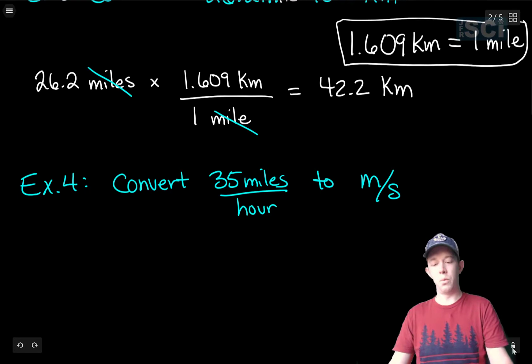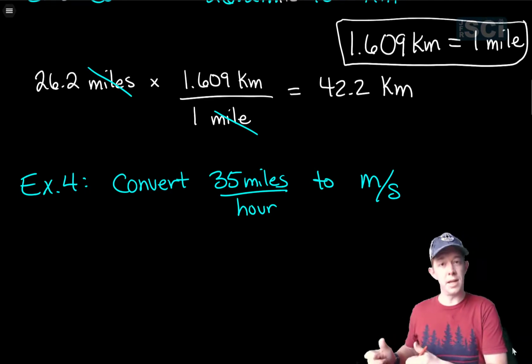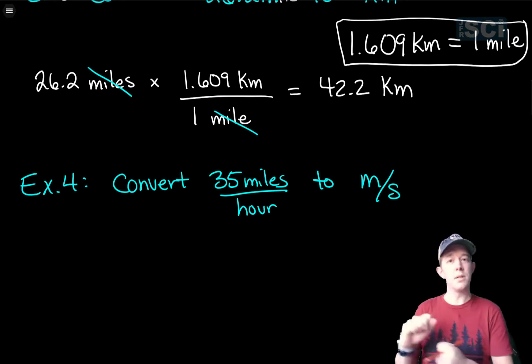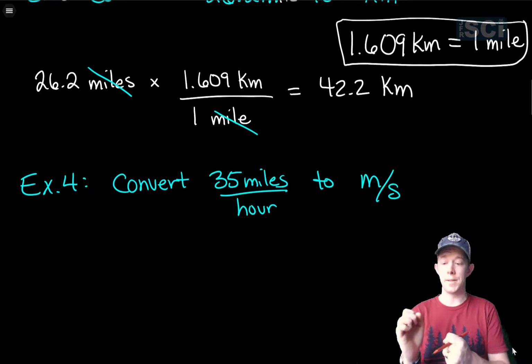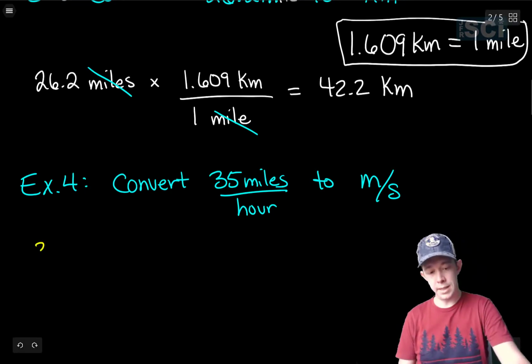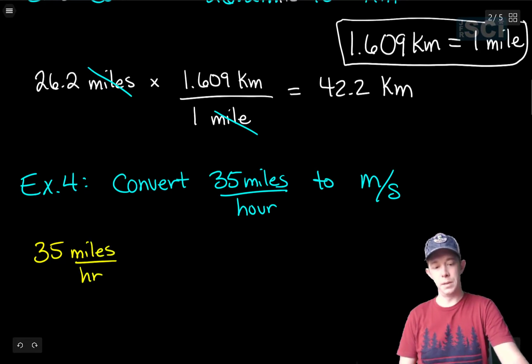Okay, so first thing I want to do is convert my miles to kilometers, and then I'm going to convert my kilometers to meters. I'm also going to convert the hours to seconds. So I'm going to start by writing down what I was given, 35 miles in 1 hour. I'm going to convert away from my miles.